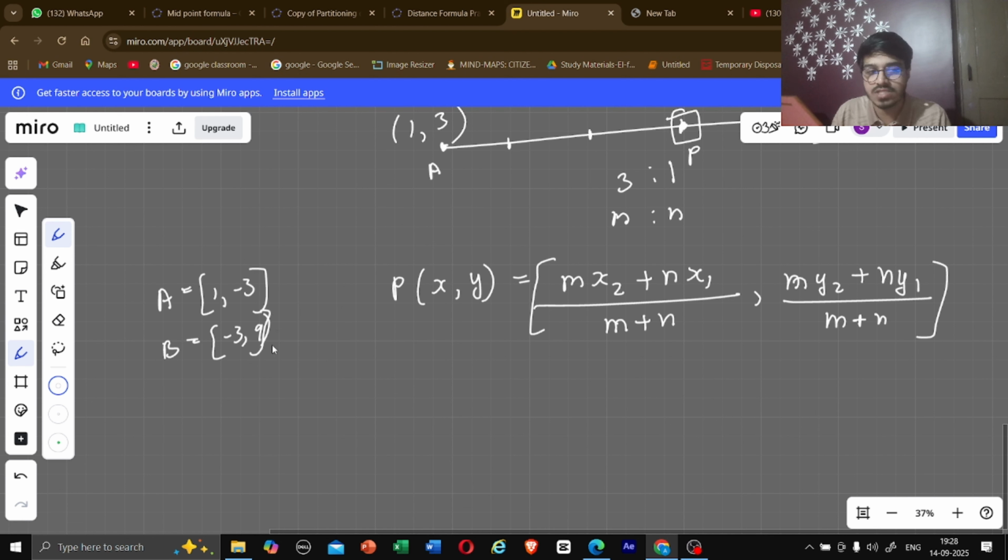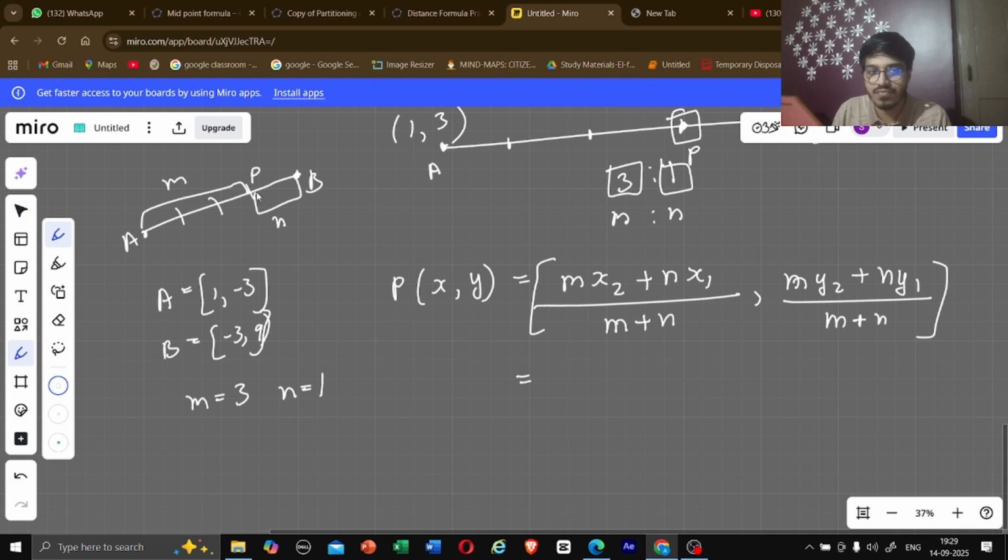Now we will put these coordinates in this formula. So what is m? Here we have divided in the 3:1 ratio, right? So m is equal to 3 and n is equal to 1. See, from point A to point B, 1, 2, 3. So this is m and this is n.